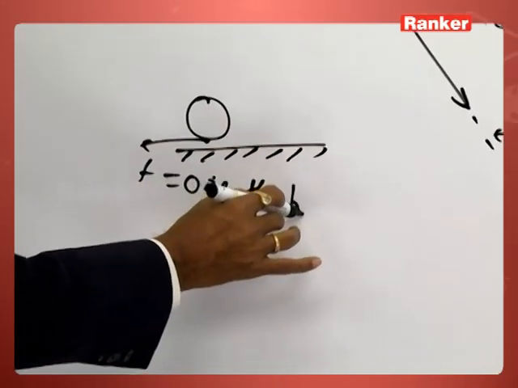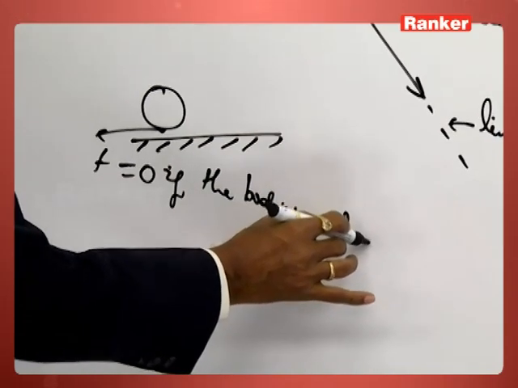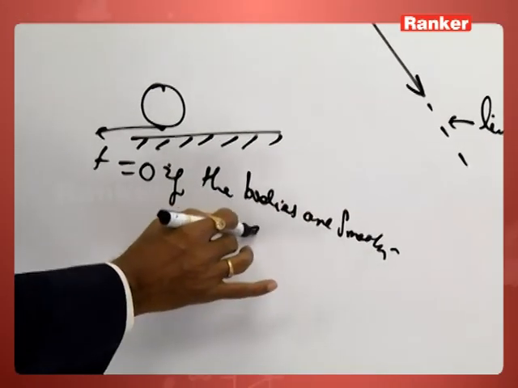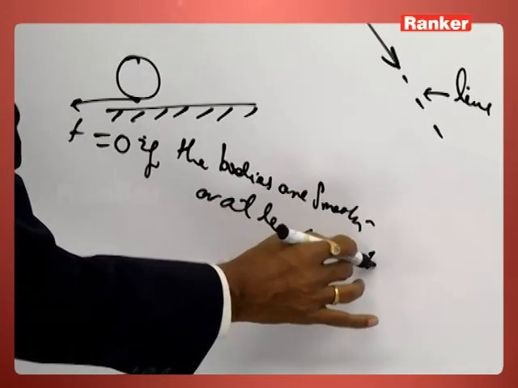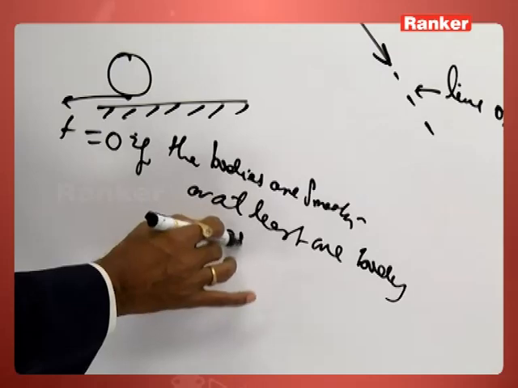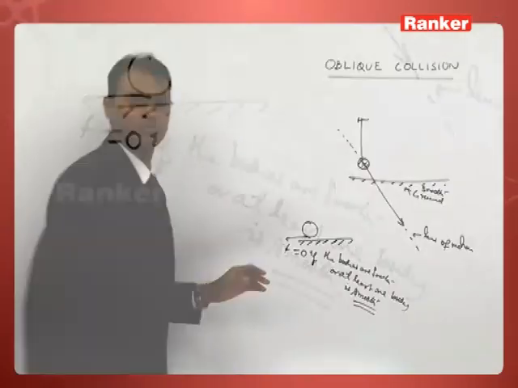The frictional force will be 0 if the bodies are smooth, or at least one body is smooth. This is the idea.